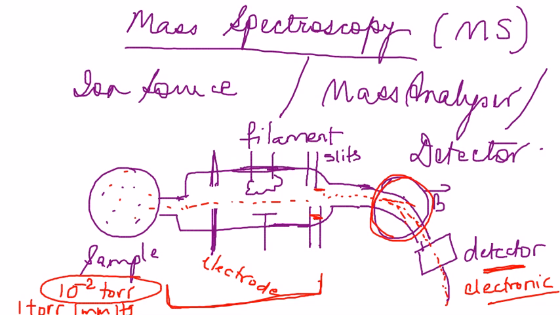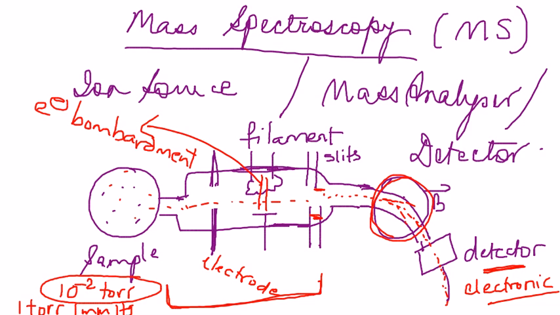So that's what's happening over here. Electron bombardment. So the ionization is essentially occurring over here, and that is happening because you have the heated filament.